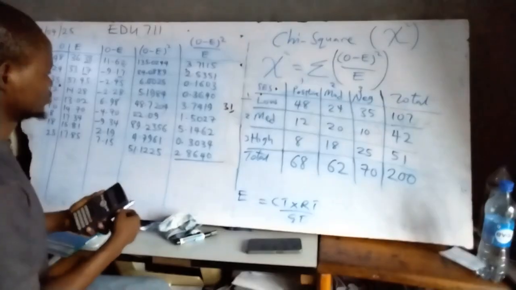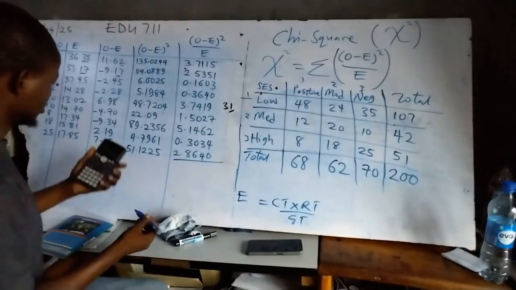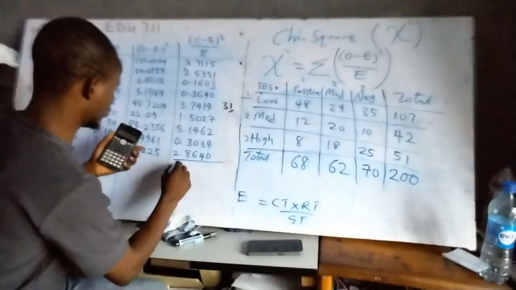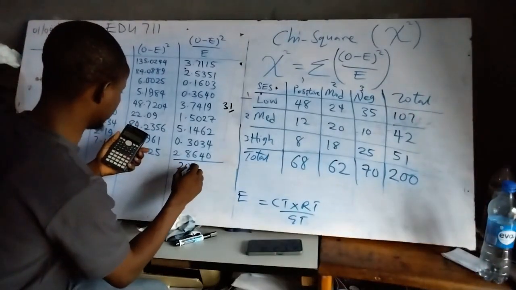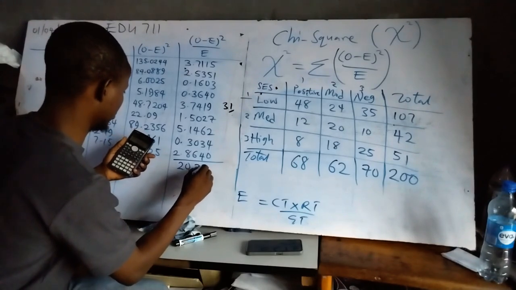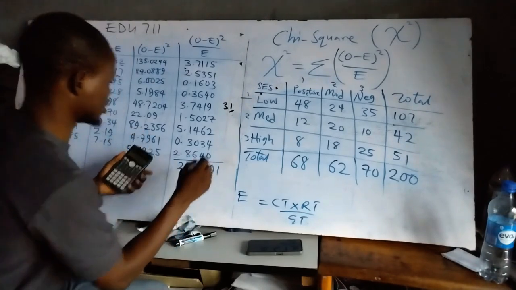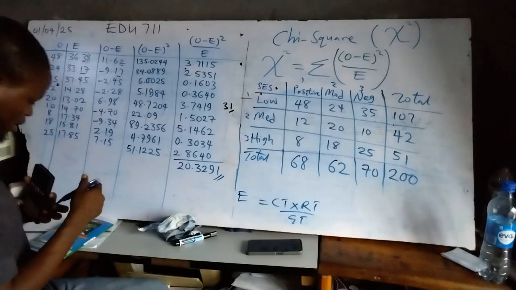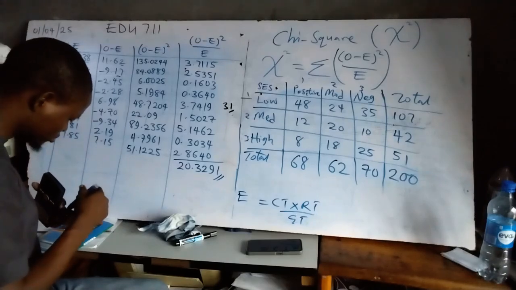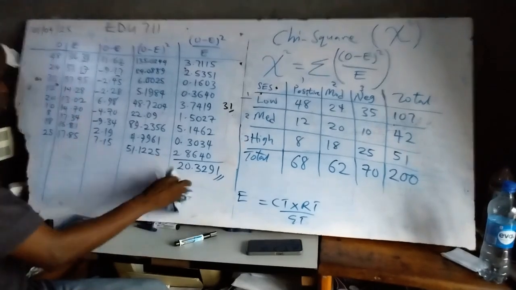Great. So it ends with 1 as expected. So that is 20.3291. That is our chi-square calculated.